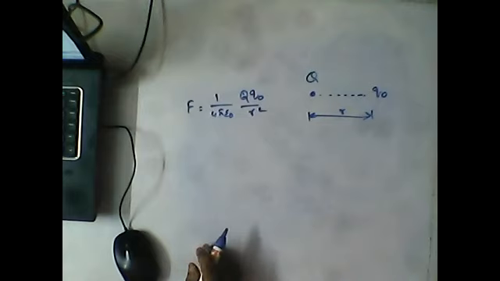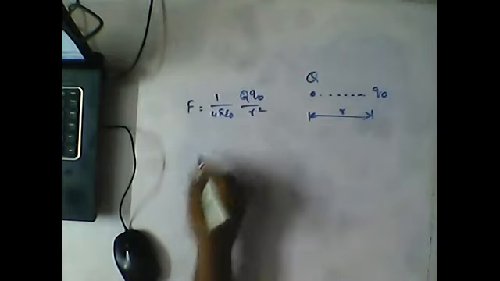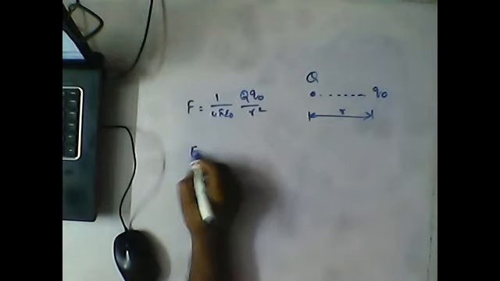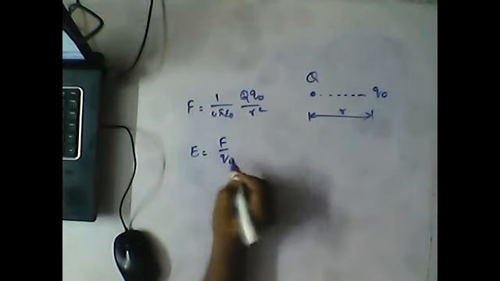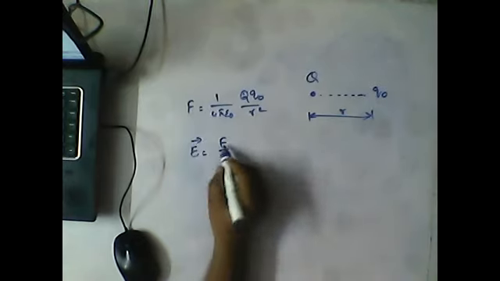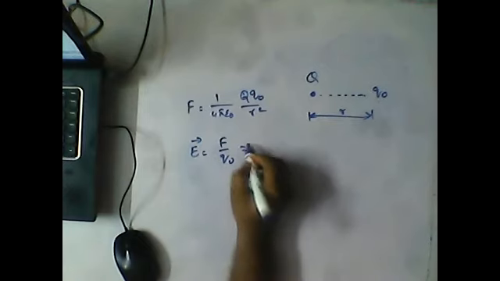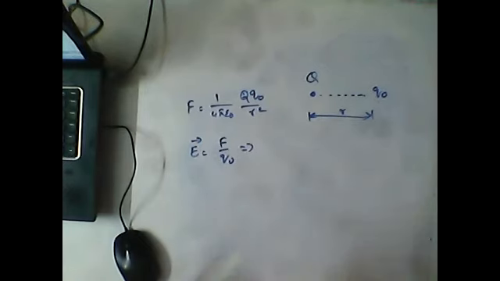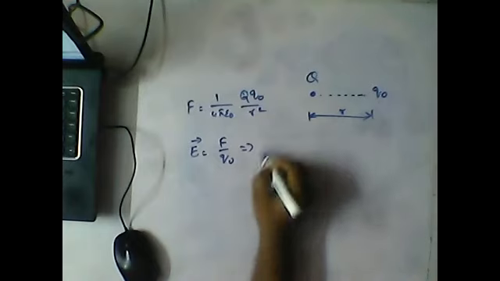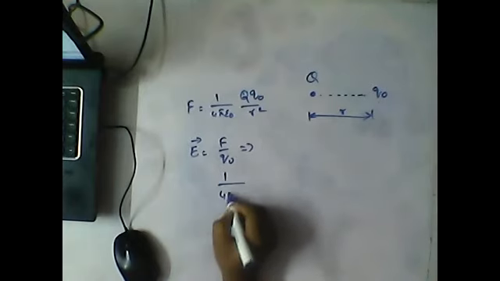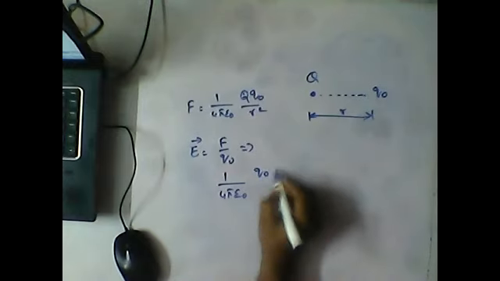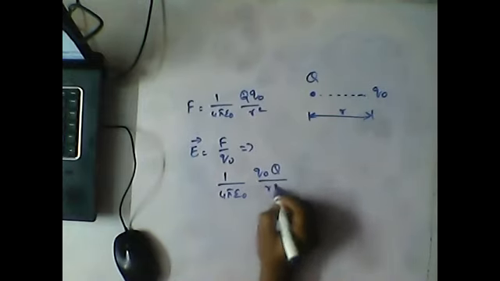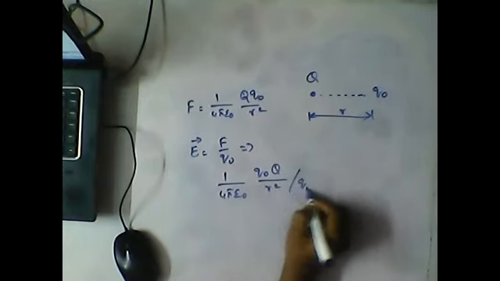Now here the intensity of electric field E bar is given by F by Q naught. So here the force value is 1 by 4 pi epsilon Q Q naught by R square, divided by Q naught.